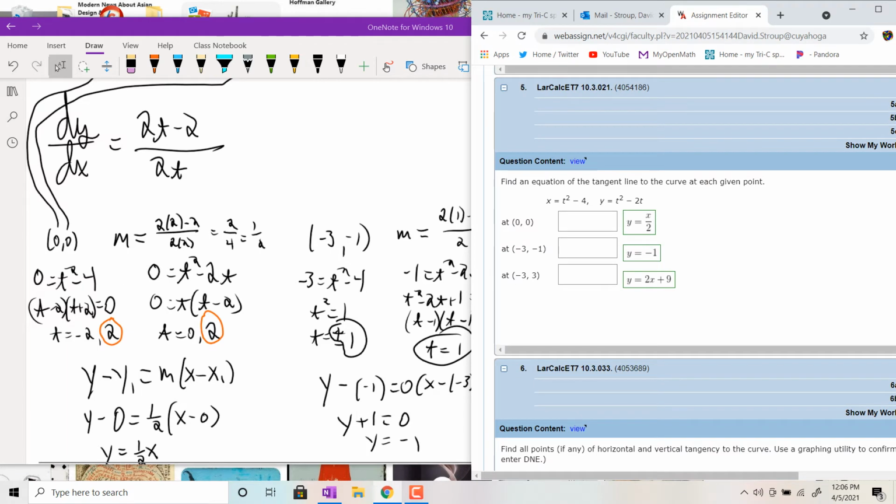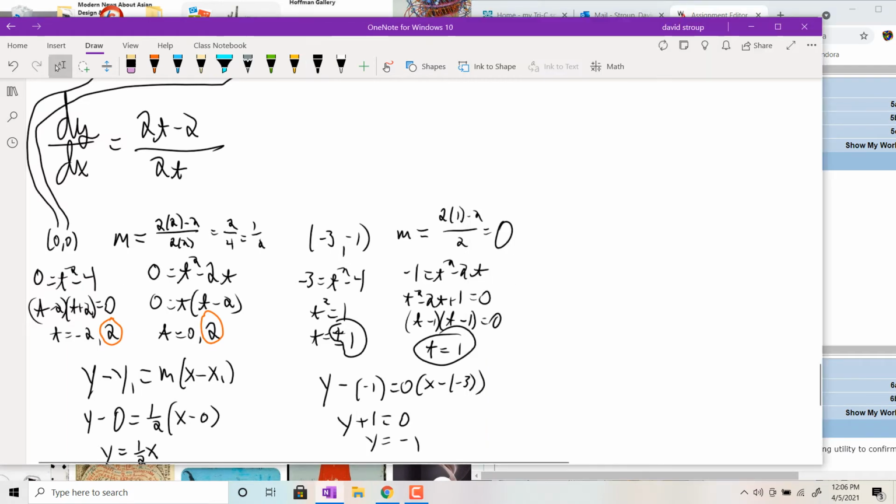Let's make sure that's right. Yep. And then for the last guy, they want the point -3, 3. We already did the x part, so the x part gives us plus or minus 1. Then the y part, 3 is t squared minus 2t.